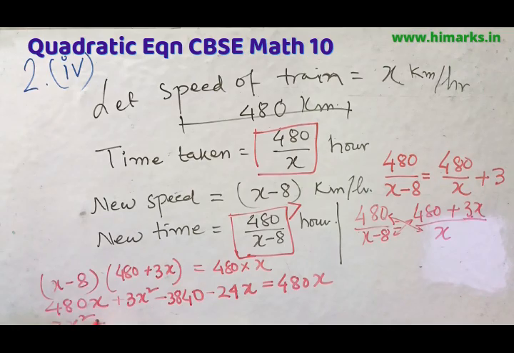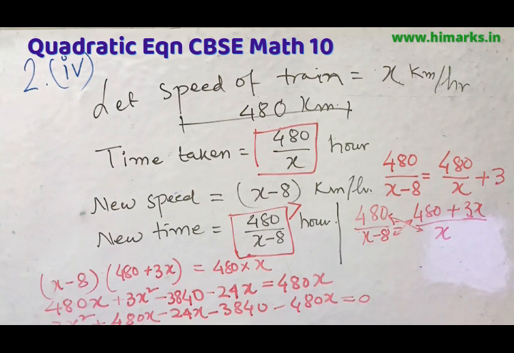So what we'll write is 3x square plus 480x minus 24x minus 3840, and this side is 480x. Now this 480x and this side's 480x will get cancelled. Okay, these will come to this side. So we'll put a minus sign here, and we have brought this to this side.